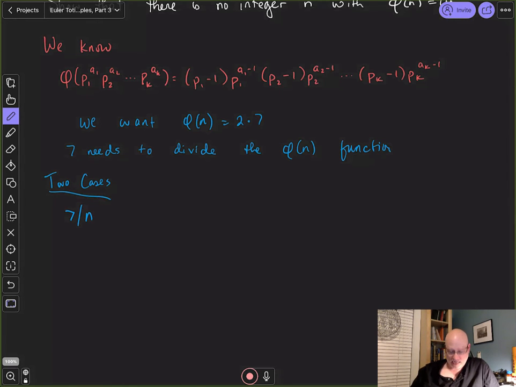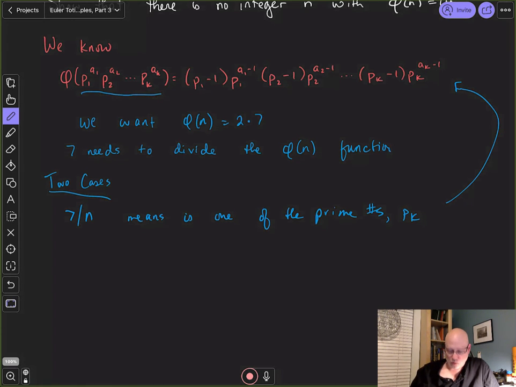If 7 divides n, that means 7 is one of our prime numbers, p sub k, going back to the statement up here. 7 has to be one of the primes in there because we're essentially saying that it's dividing into this number right here.